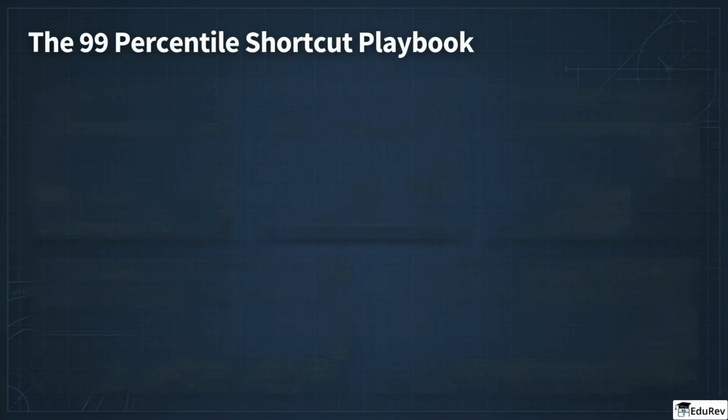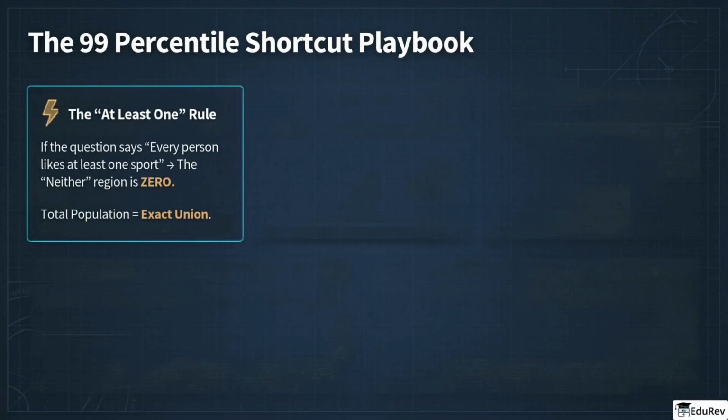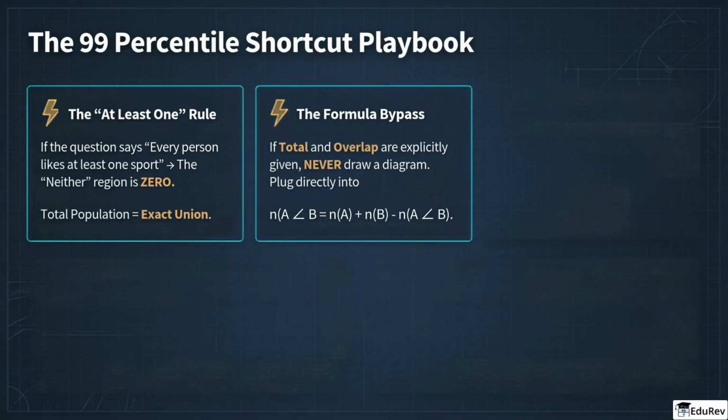Now that the core methods are clear, here is a shortcut playbook for high-speed problem solving. The first rule is about wording. When a question says at least 1, the neither region is automatically 0. So total population becomes the same as the union only when everyone is included in at least one set. The second rule is formula bypass.